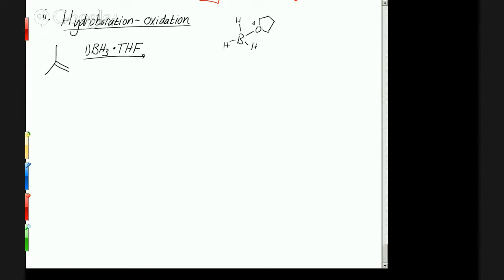It's a very unusual kind of thing. It has 2 formal charges. So it's a boron with 3 hydrogens on it, connected to an oxygen that's part of a 5-membered ring. This is the BH3 part, this is the THF part. And they're actually connected, so that's why it's called BH3.THF. THF stands for tetrahydrofuran. That's the name of that ring with the oxygen in it, but we'll just stick with THF.